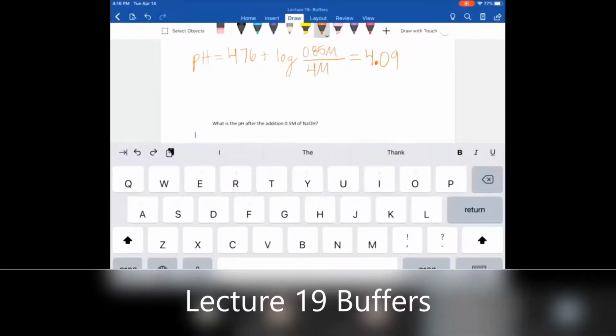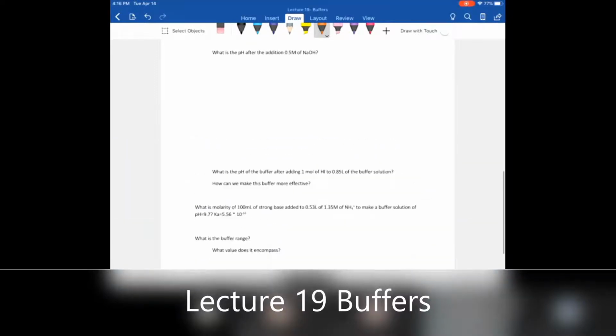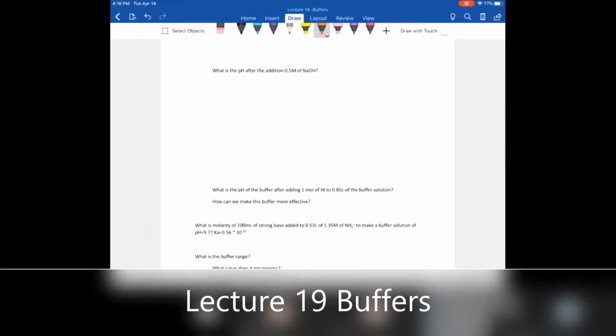And now we're doing the same thing, but for NaOH. So what species is NaOH going to react with? Going to react with acetate or acetic acid? Cool. Acetic acid, yes. So you have NaOH plus acetic acid going to react to form.